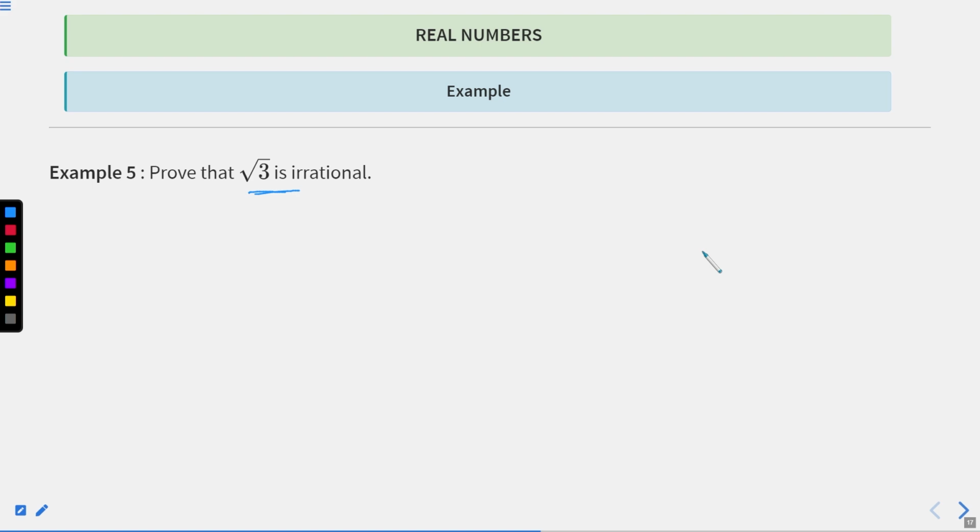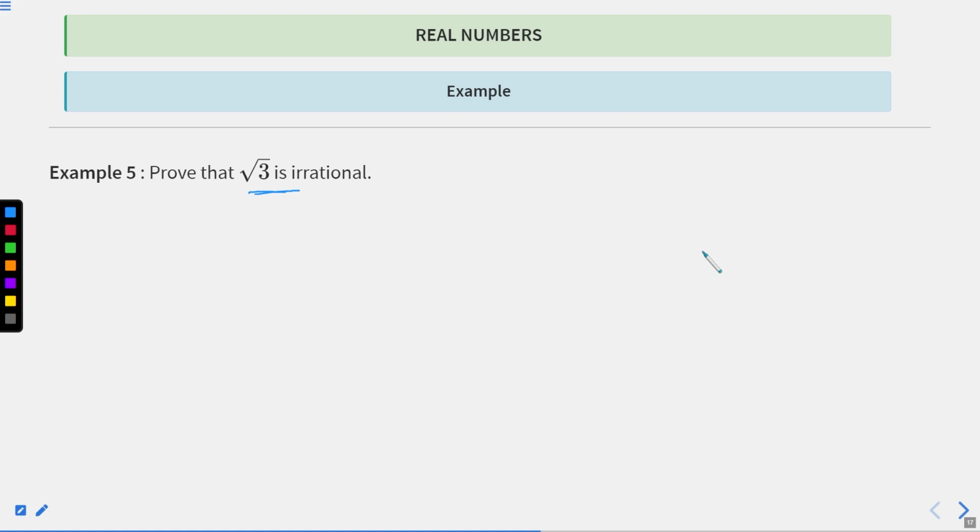But this contradicts our assumption, since we assumed a and b have no common factors other than 1, but we get here a and b have 2 as a common factor. So this has arisen the contradiction, since our assumption is false. Our assumption that root 2 is a rational number is false, so we can conclude root 2 is an irrational number.